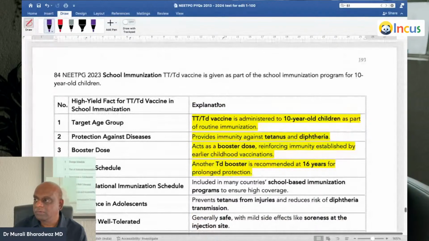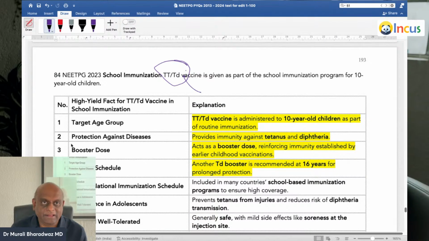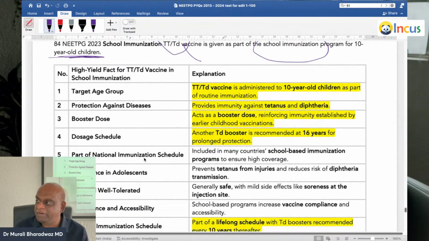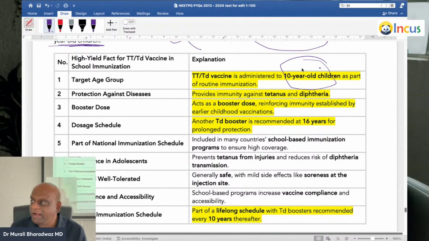Now, TT and Td are given as a part of the school immunization program for 10-year-old children. The TT by Td vaccine is administered to 10-year-old children, and it acts like a booster dose, reinforcing the immunity.